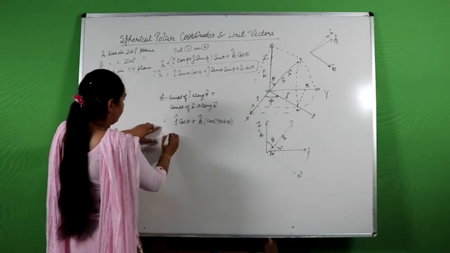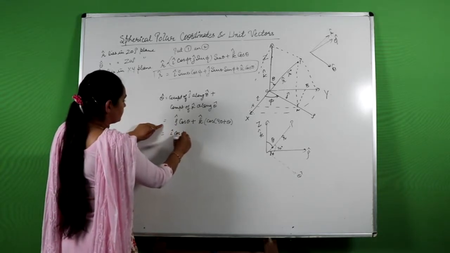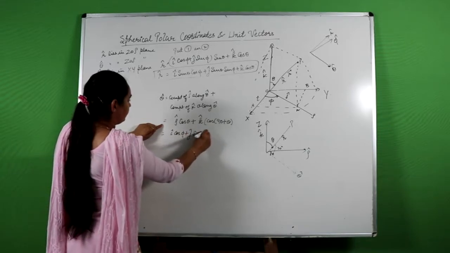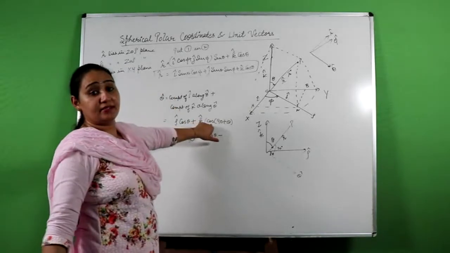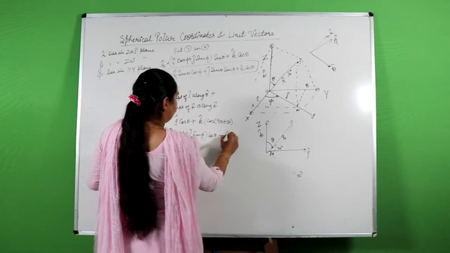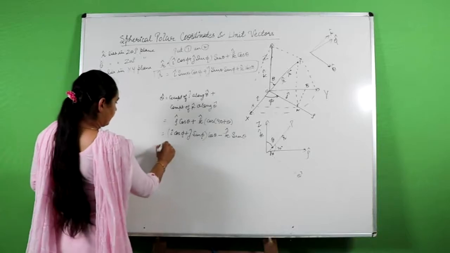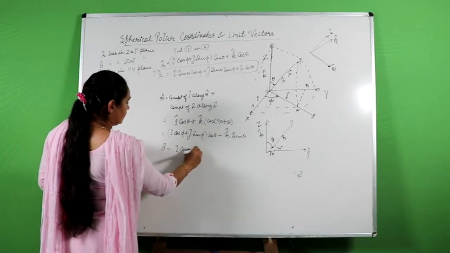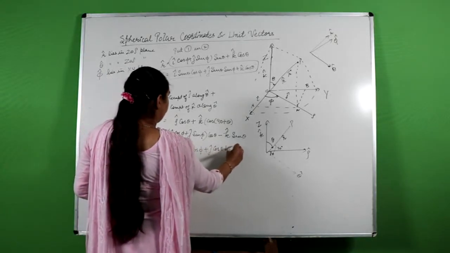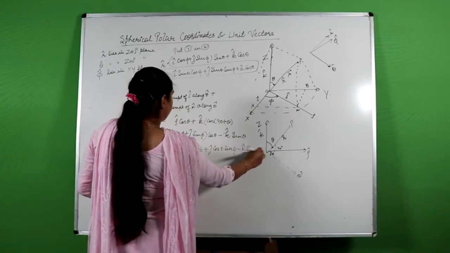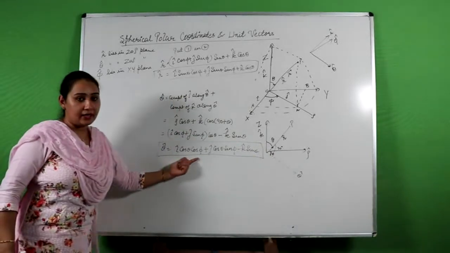What is my rho cap? In the earlier one I found it is (i cap cos phi plus j cap sin phi) into cos theta minus k cap sin theta, since cos(90 plus theta) is minus sin theta. Open the brackets, I will get i cap cos theta cos phi plus j cap cos theta sin phi minus k cap sin theta.